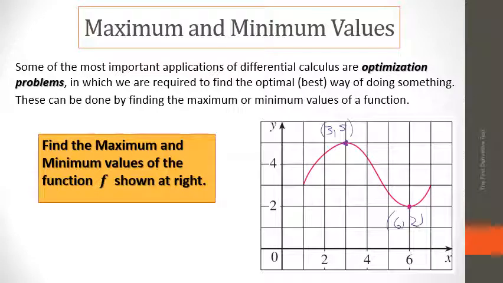We also have these endpoints over here that could also be max or min. So there's a difference between an absolute and a local max or min, and we'll talk about those later.